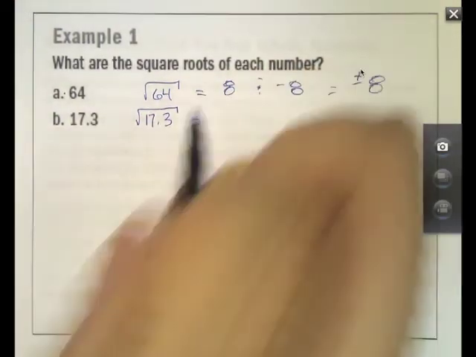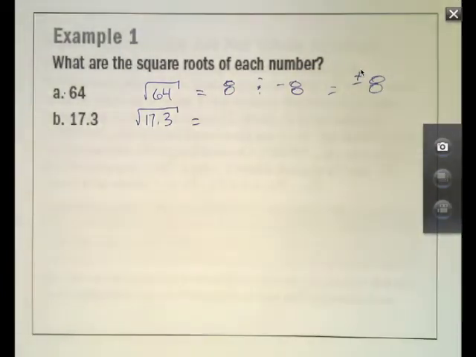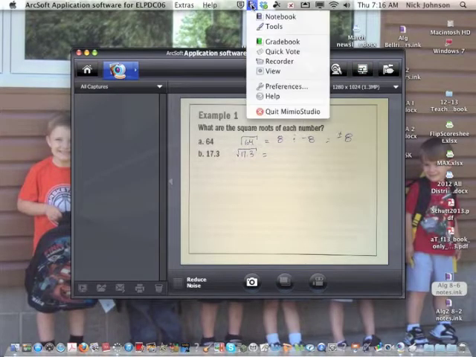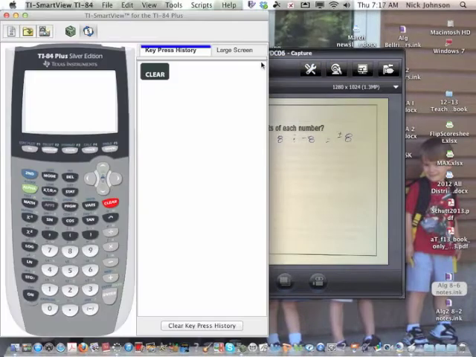Now, this problem right here, the square root of 17.3, okay? Probably not a problem you can do in your head. So, we need to go to our calculators.